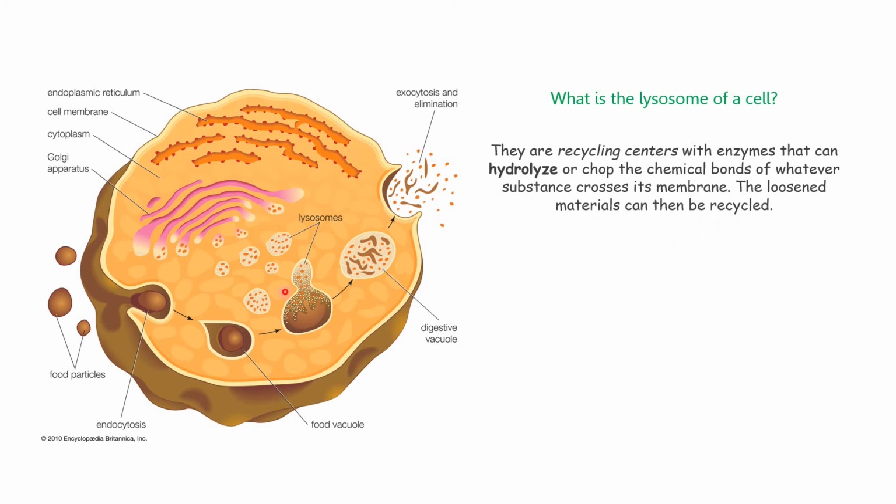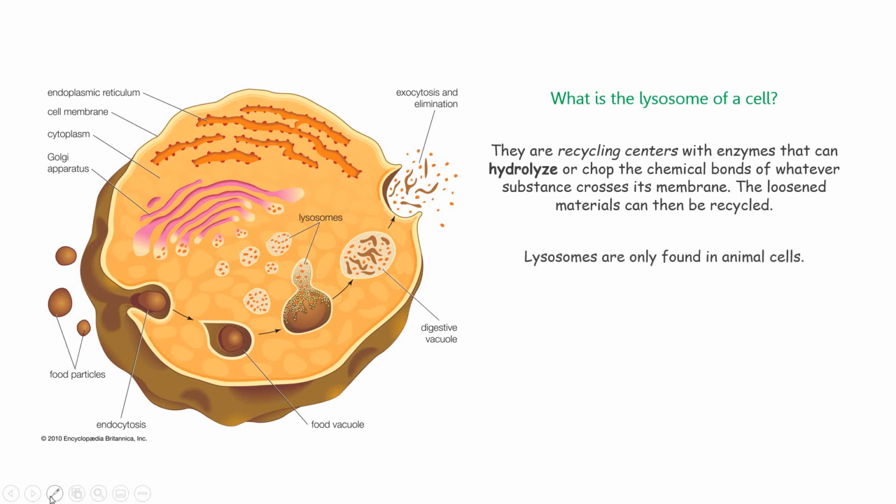Ang lysosomes, ang ginagawa nila is kukunin nila yung mga chemical molecules, usually yung mga hindi na talaga gagamitin o hindi na magagamit in that particular form, tapos ang gagawin nila is i-chop nila yung chemical bonds na mga yon to reduce them to their component parts para magamit pa rin, ma-recycle pa rin ng cell.